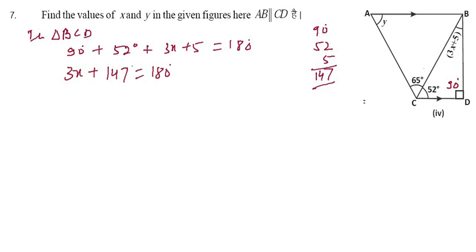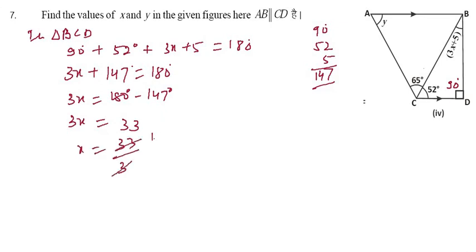Now 3x will be equal to 180 degrees minus 147 degrees. So 3x will be 33. So x will be equal to 33 divided by 3. So 3 cancels with this, and we get 11 degrees. So that one is your first answer.